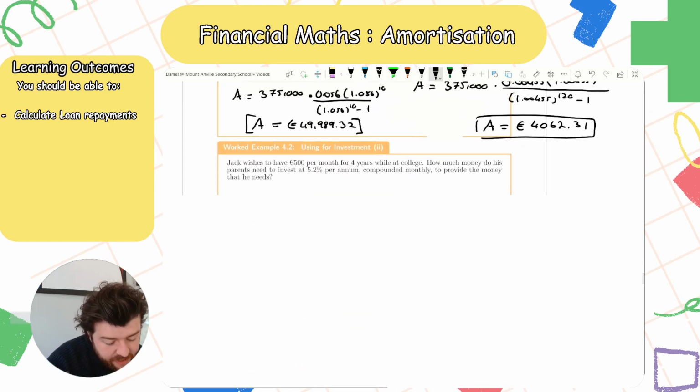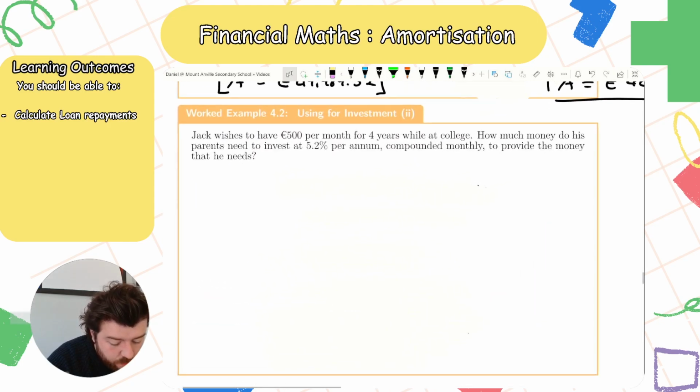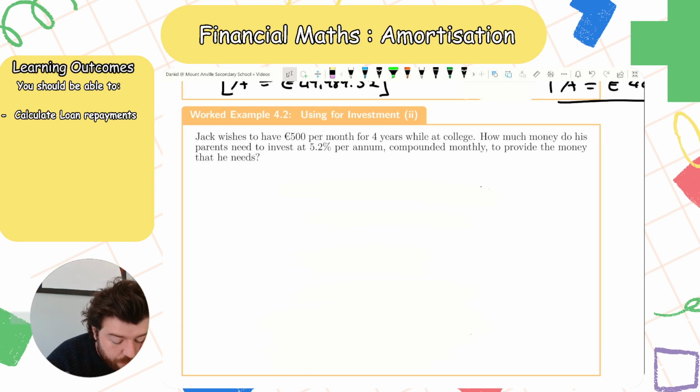Right. Let's look at another one here. John wishes to have 500 euro per month for the next 4 years while at college. How much money does the parent need to invest at 5.2% per annum, compounded monthly, to provide him with this money? So A is my monthly repayments, which is 500.